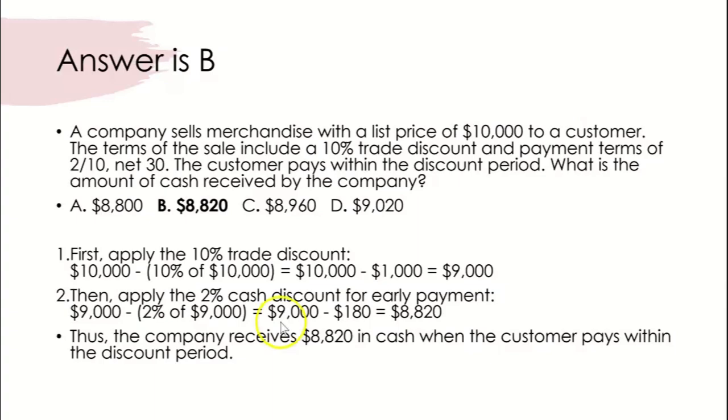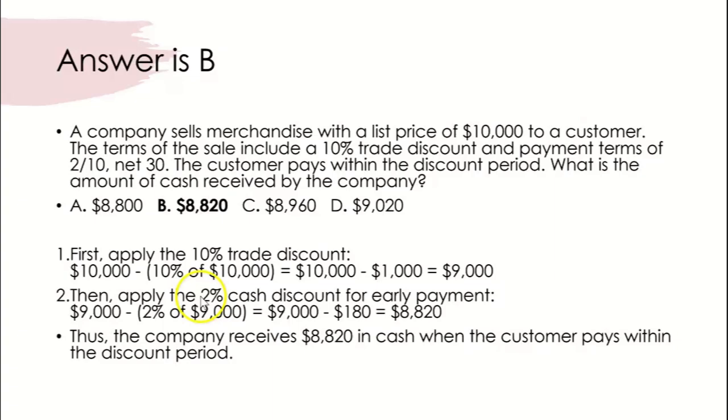First, we apply the 10% trade discount to the gross price of $10,000. So that's a $1,000 trade discount, and we're sitting at $9,000. Notice it didn't matter what day the customer paid. The fact that a 10% trade discount was part of the terms of the sale, you will take that trade discount right away off the gross price. Doesn't matter whether they paid early or not as far as the trade discount's concerned.